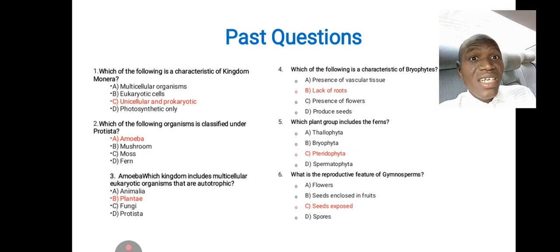Of the organisms listed here, amoeba is the only organism that is classified under Protista. Do you see mushroom there? Do you see ferns and mosses? Mushroom is classified under what? Fungi. Mosses and ferns are classified under what? Plantae.